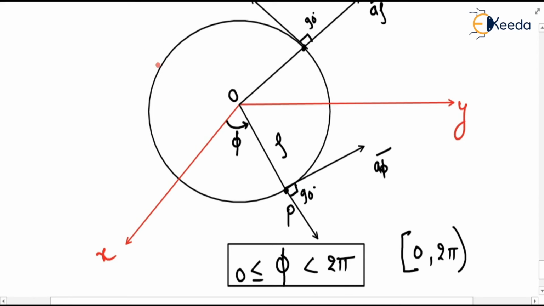Suppose we check at another point. Where is a rho now? A rho is in the perpendicular direction. This is the a rho vector. And a phi is in this direction.